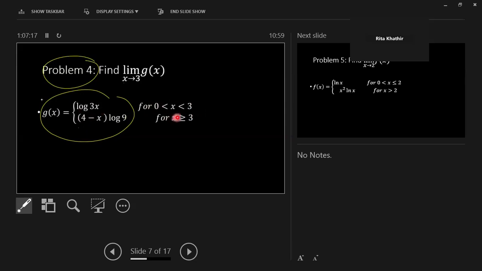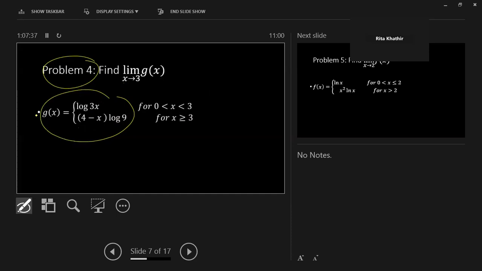But if x is bigger than or equal to 3, the function is this. This is the model at the end of the month, and this is the model at the beginning of the month. We have a constraint, so you can make this.